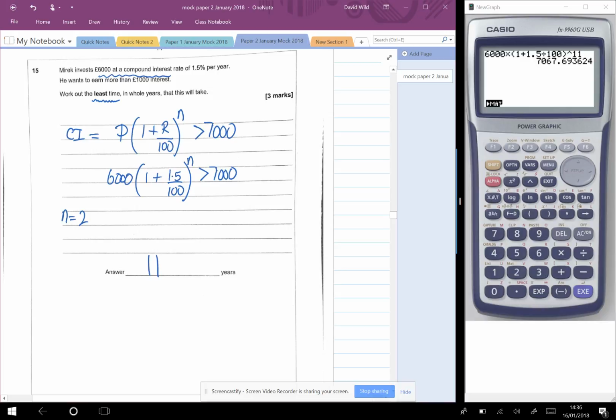11 years. And the reason being is because 6,000 times 1 plus 1.5 over 100 to the 11 is 7,067.69.